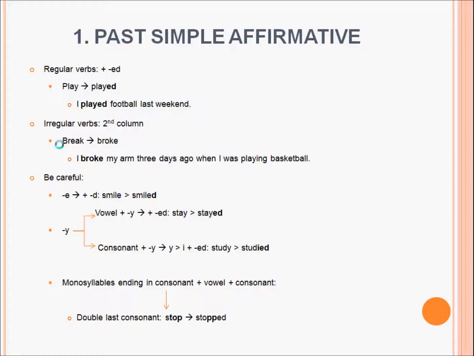If there is a vowel before the y, we add ed. Stay, stayed. If there is a consonant before the y, we have to change the y to i and then add ed. From study, we obtain studied.